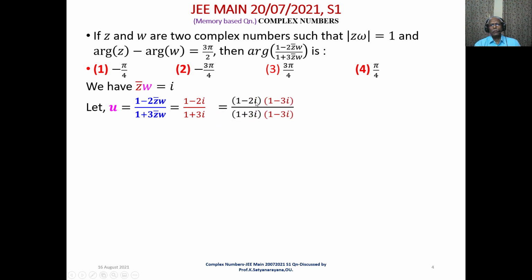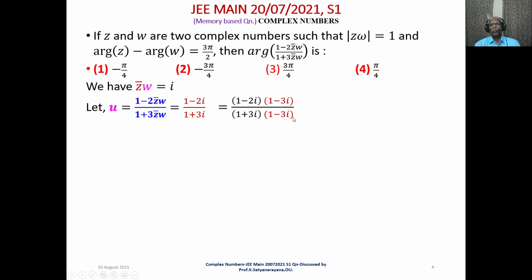So (1 minus 2i) by (1 plus 3i) multiplied by the conjugate of 1 plus 3i in both the numerator and denominator gives 1 minus 3i in each. Now (a plus ib) into (a minus ib) will be a square plus b square, so (1 plus 3i) into (1 minus 3i) will be 1 square plus 3 square, that is 10.